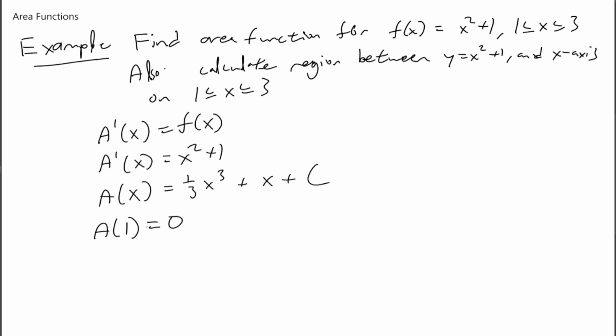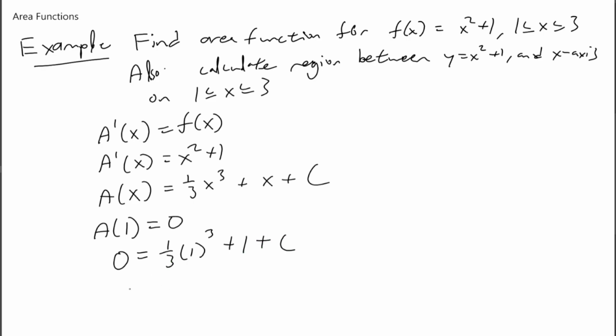Remember that, since our area function is on the interval 1 to 3, we know that the area at 1, at the beginning of the interval, is going to be 0. And now we're going to substitute that in. 0 is equal to 1/3 times 1 cubed plus 1 plus c.